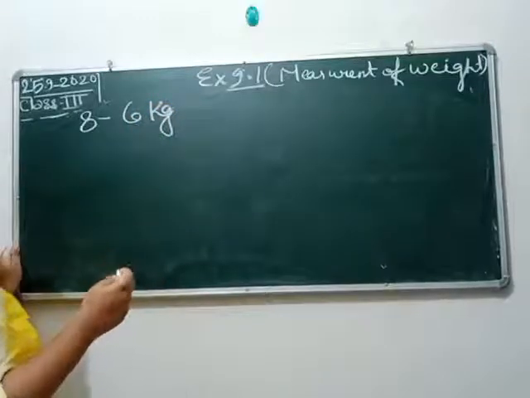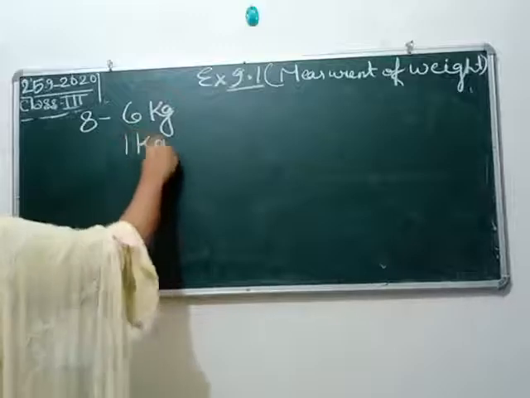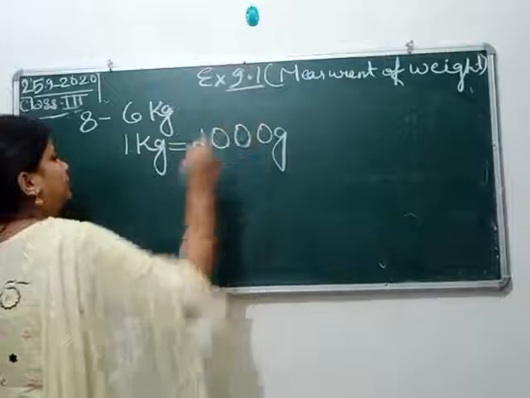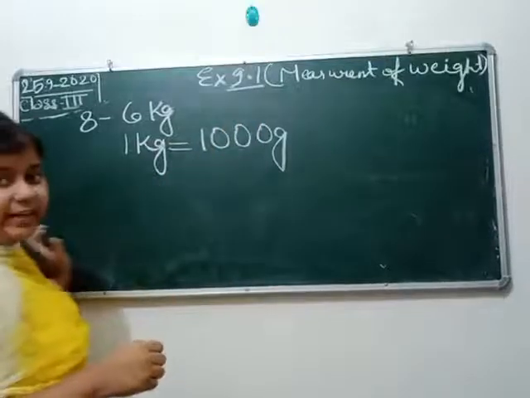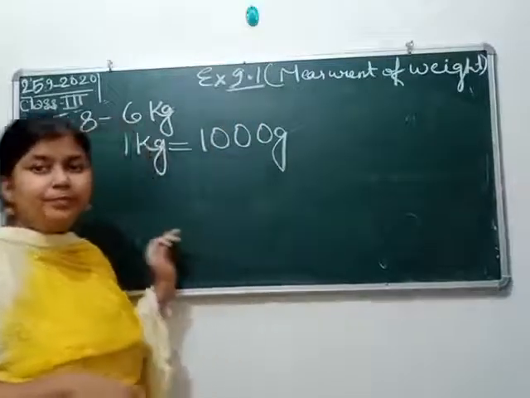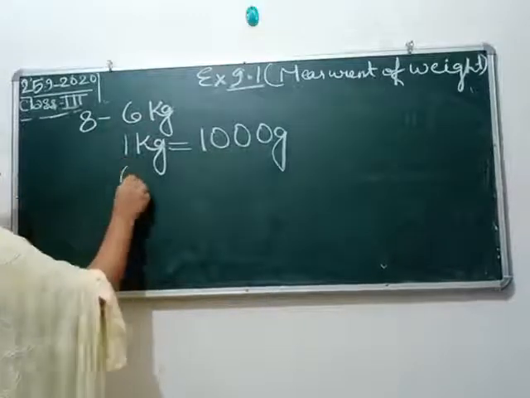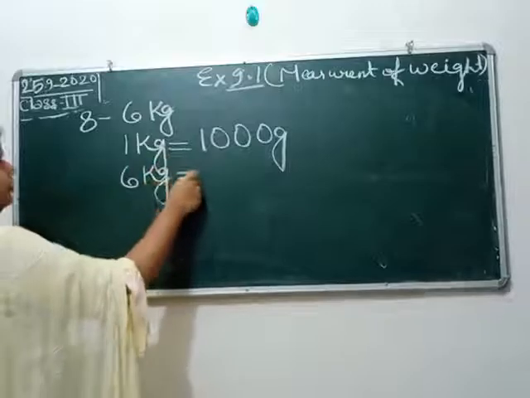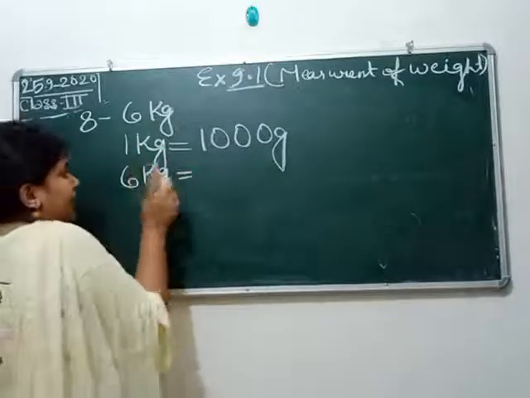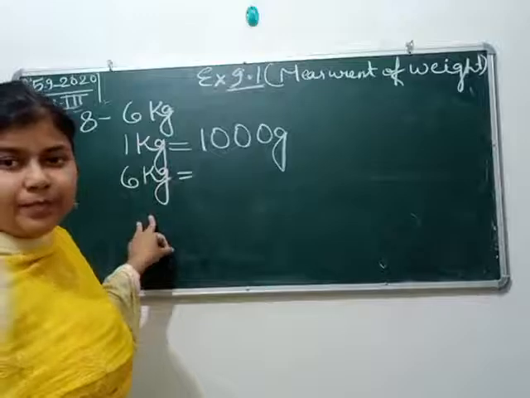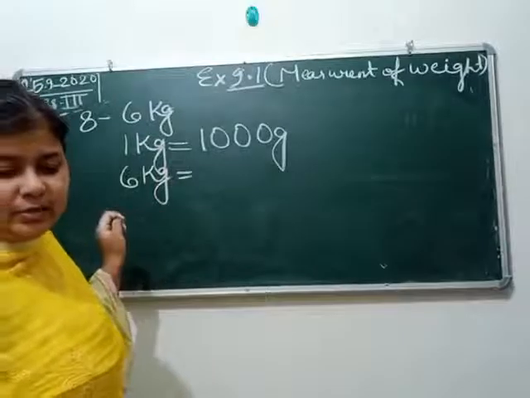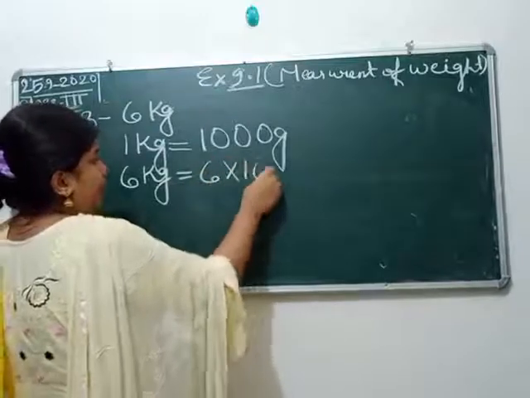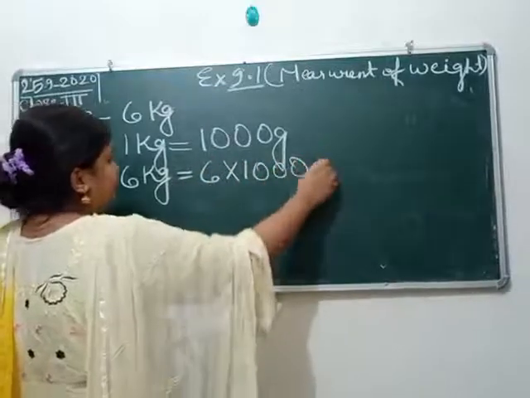Now 1 kg is equal to 1000 gram. 6 kg equals, if 1 kg is equal to 1000 gram, then 6 kg is equal to 6 into 1000 gram.